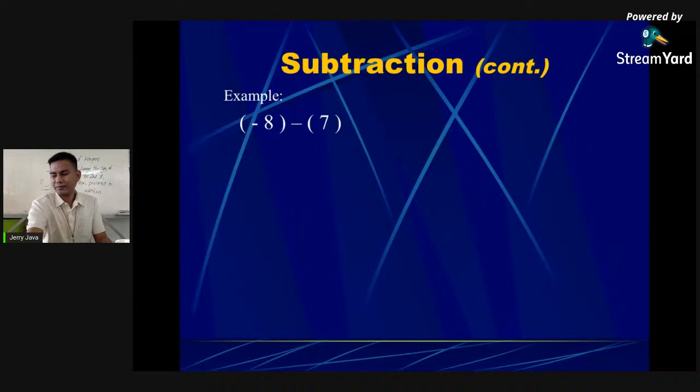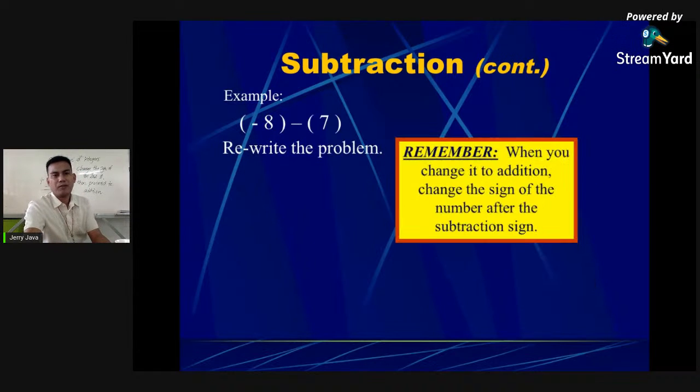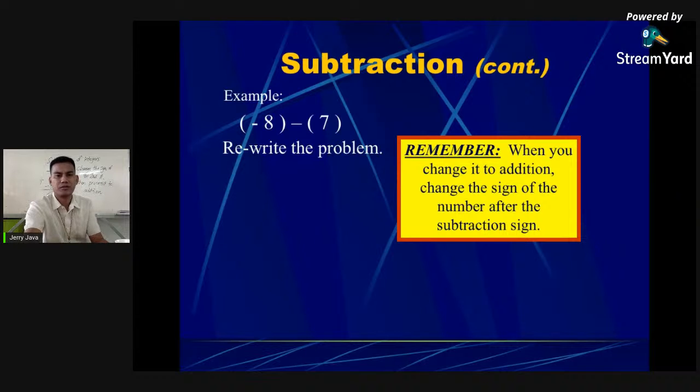Okay, let's check now. -8 minus 7. Rewrite the problem. Change the sign of the second number. The second number is 7. So from positive 7, change it to -7. Diba? Then change the minus sign to positive. Say proceed to addition. That will become -8 plus -7.